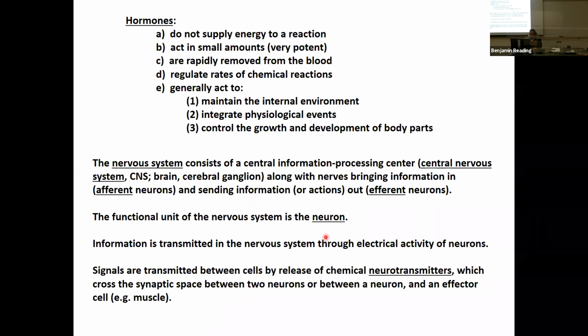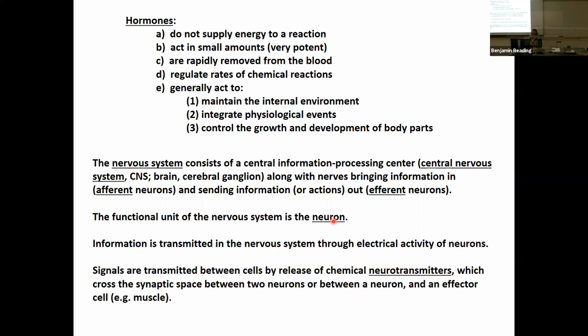So the functional unit of the nervous system is a neuron, and information is transmitted in the nervous system through the electrical activity of these neurons, which are interconnected, again sending signals away or towards the central nervous system. Signals are transmitted between cells by the release of chemical neurotransmitters.